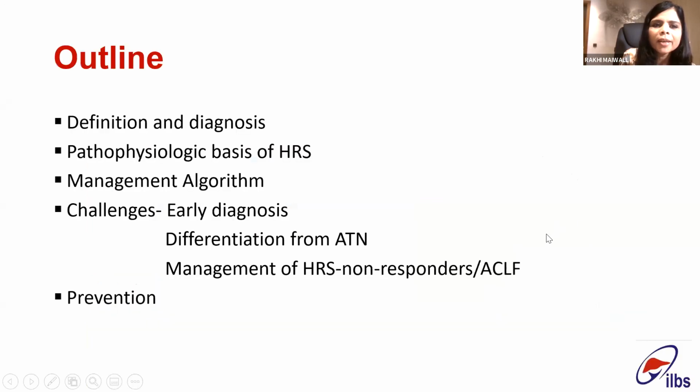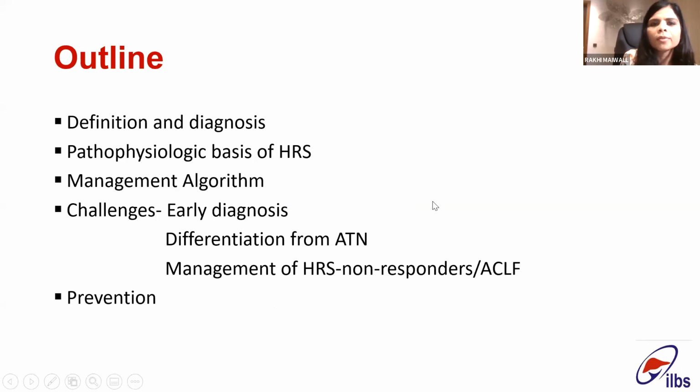My work has been made very easy by the wonderful talk by Dr. Gagan. So this is going to be the outline of my talk. I will very quickly go through the definitions and the pathophysiologic basis because that has been nicely covered, and we'll focus on the management and the challenges we have while managing these sick patients.